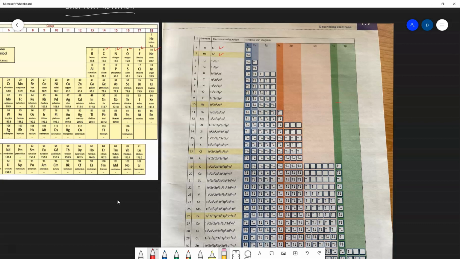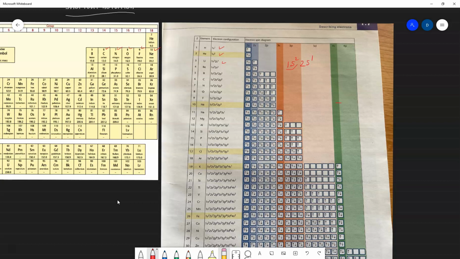Now the next is lithium. Lithium, I can write as 1s2 and 2s1.